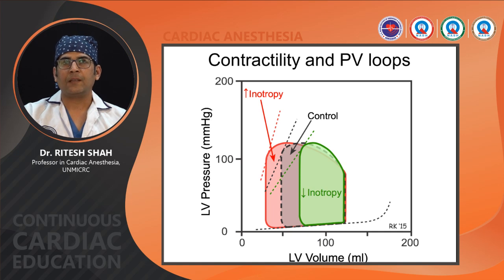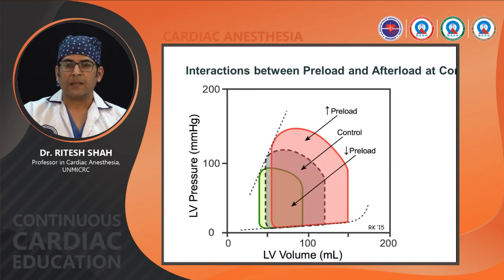So we talked about independent changes, but in the intact heart, independent changes do not occur. If we change the preload, afterload and contractility also change. So what happens when this interaction occurs between preload, afterload and contractility? When preload changes, what happens to the afterload if contractility remains the same?